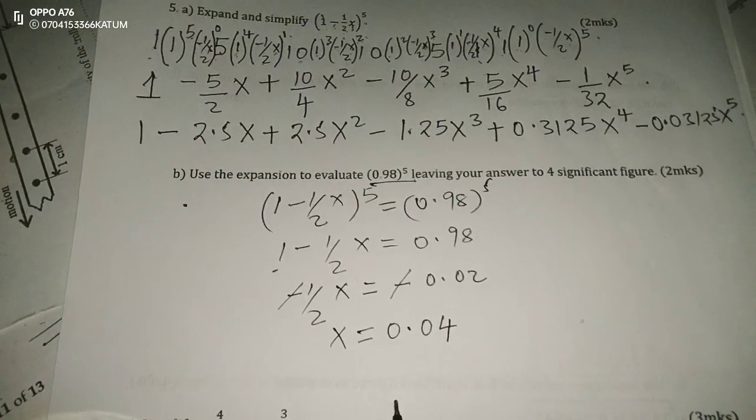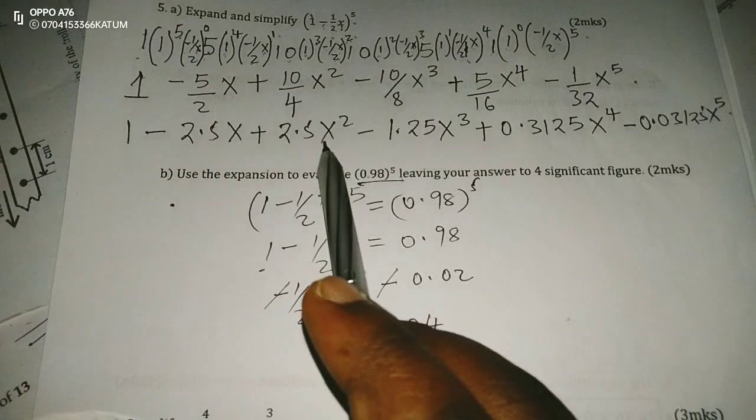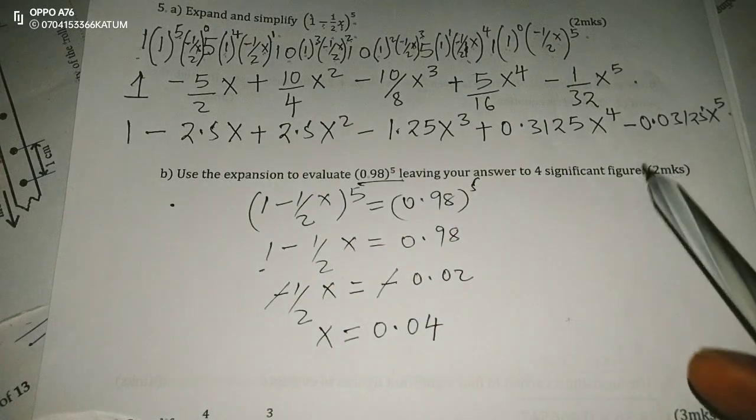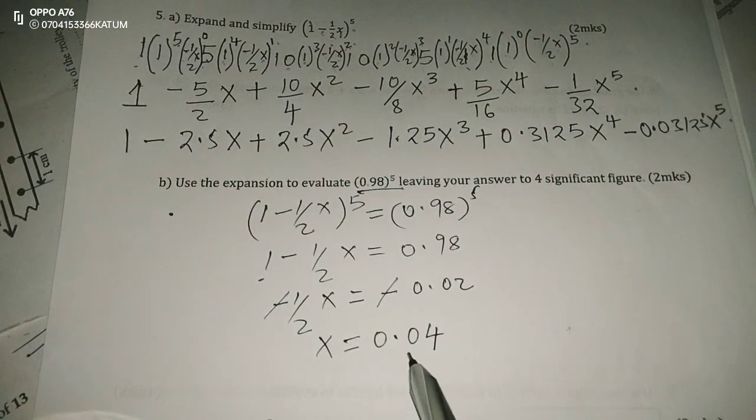Therefore, now, wherever we have x in this expansion, we're going to substitute it with 0.04.